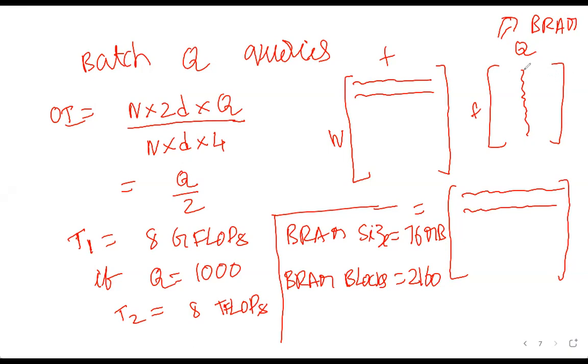That way the dot product between F and the first column, and the dot product between F and the second column, and so on, can all happen in parallel. Even then it may not happen fully in parallel, because if this is present in Q DRAM blocks, then at most Q multiplications and additions you can do per second.